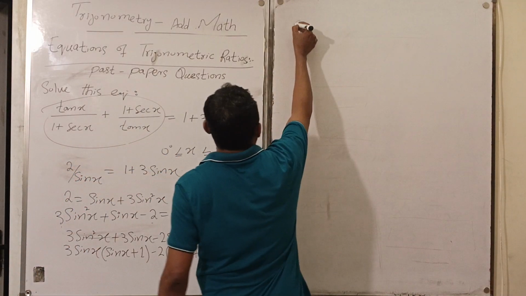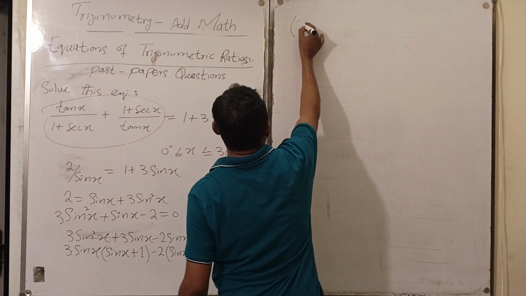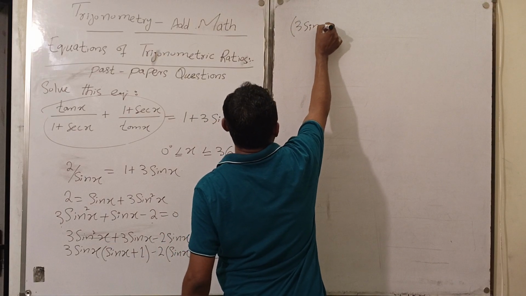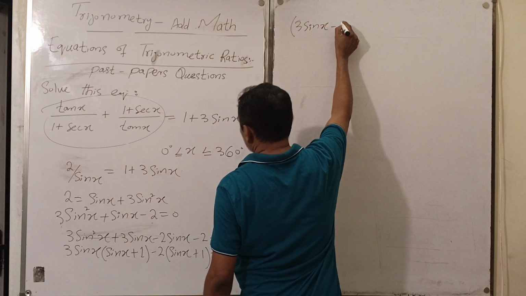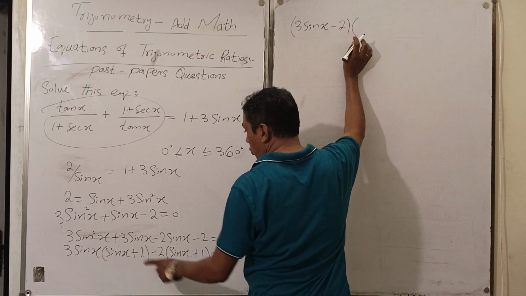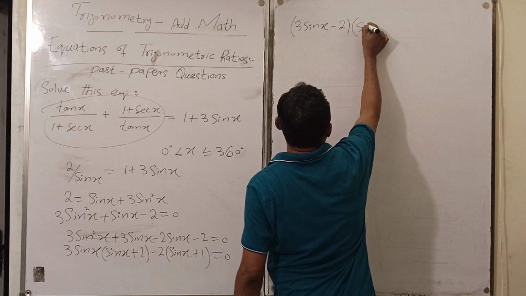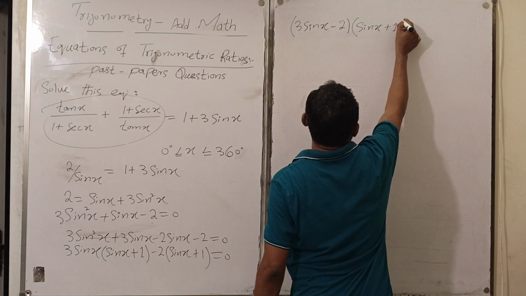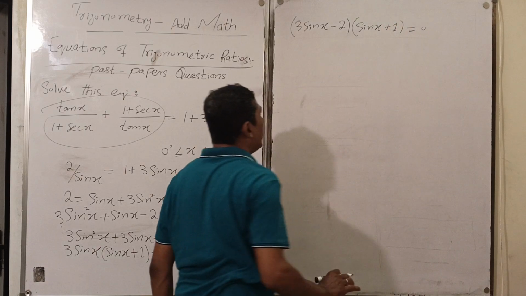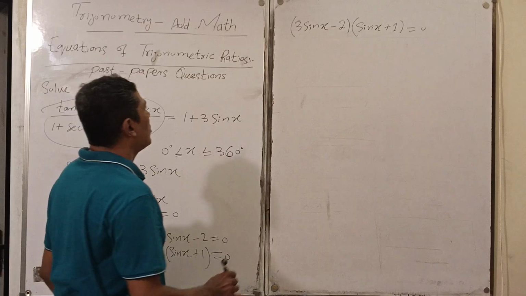Now what will be the factor? 3 sin x minus 2 into sin x plus 1 equal to 0. ऐसे ही है. Okay, so what about the value?